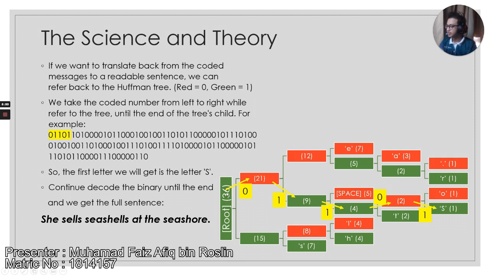From the root, the first number is 0, then 1 1, 0 1, and we get the capital S. Then we stop here, and we start again: 1, then 0, 0, 1, 1, 0, 0, 1, and we get H. We just repeat the steps until we get the full sentence, which is "She sells seashells at the seashore."